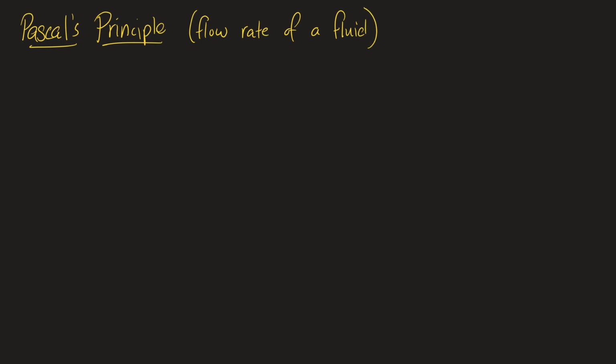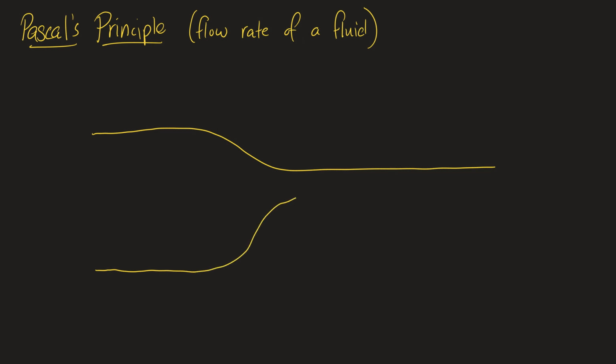The flow rate of a fluid is based on the pressure on the fluid, okay? The pressure on a fluid determines the rate that the fluid will flow through a system.